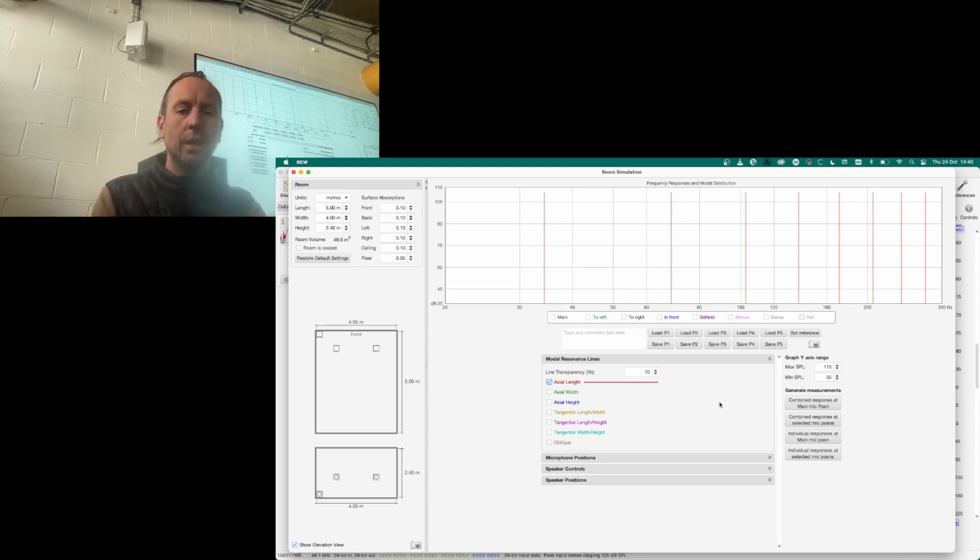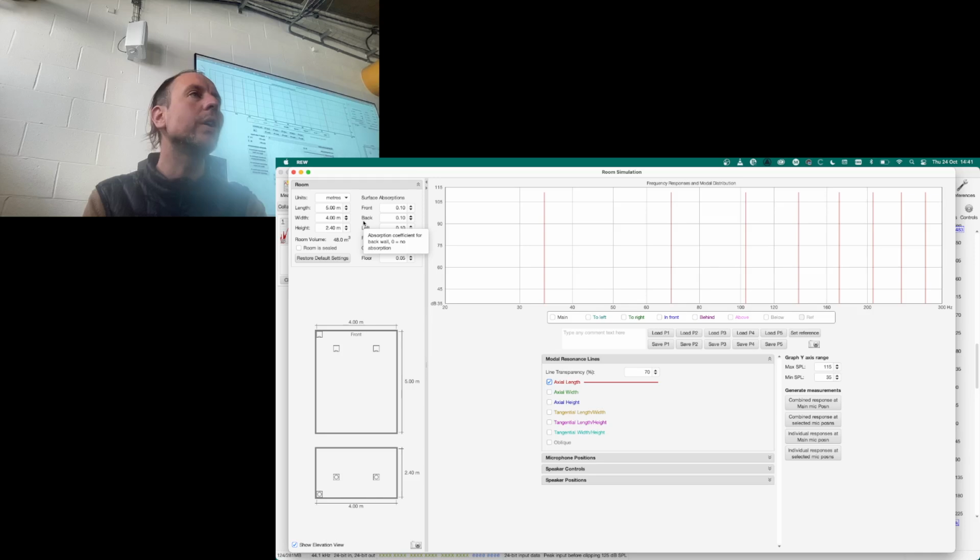Okay, so the axial mode is the simplest one because it actually reflects only between two parallel surfaces. Okay, so this is the mode that comes to exist between parallel walls. As soon as the walls are not parallel, it is likely that there will be another reflection involved. So this is a fairly straightforward and strict thing.